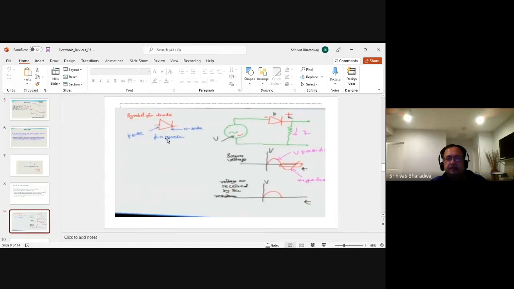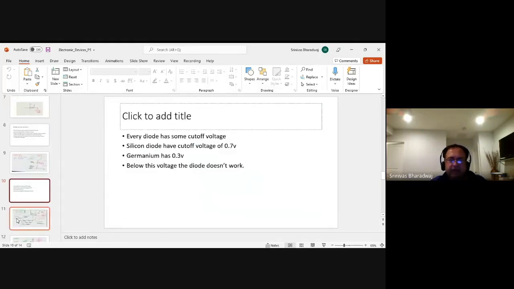This is the symbol of the diode. You have an AC voltage; during the positive half of the cycle, it will let the current flow through. During the negative half of the cycle, an ideal diode lets no current flow through. So we just have this part.